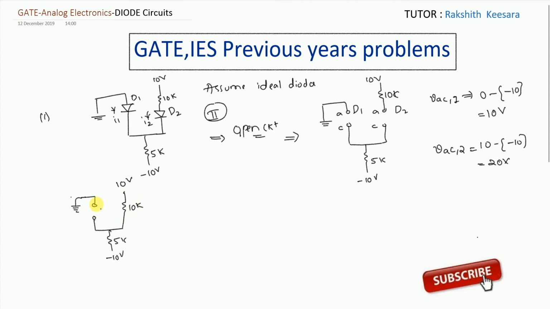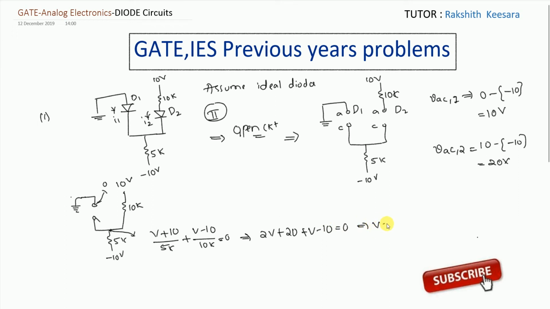Now what should we do? We should find VAC across diode D1 again. Here the voltage is 0 volt. Here the voltage is V, I am applying nodal analysis here. So (V plus 10) by 5k plus (V minus 10) by 10k equal to 0. So from this I am getting 2V plus 20 plus V minus 10 equal to 0.